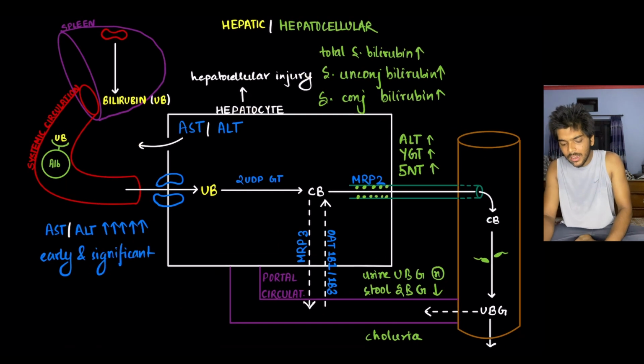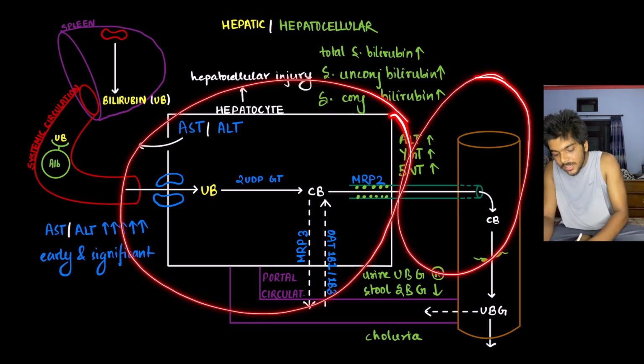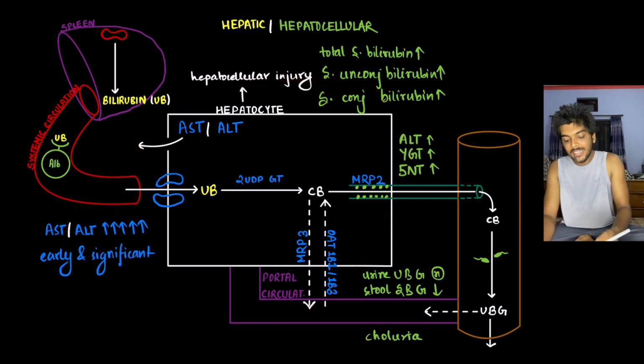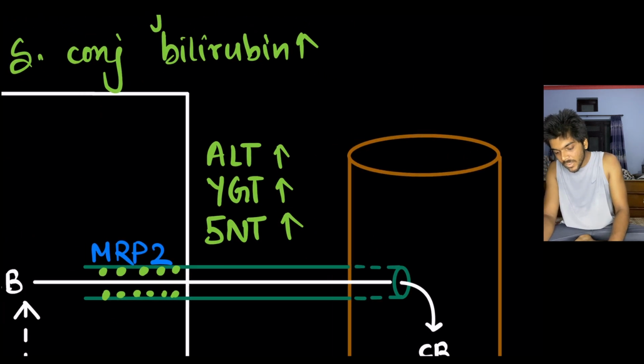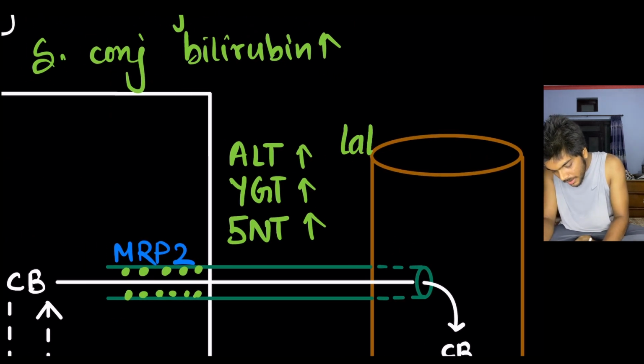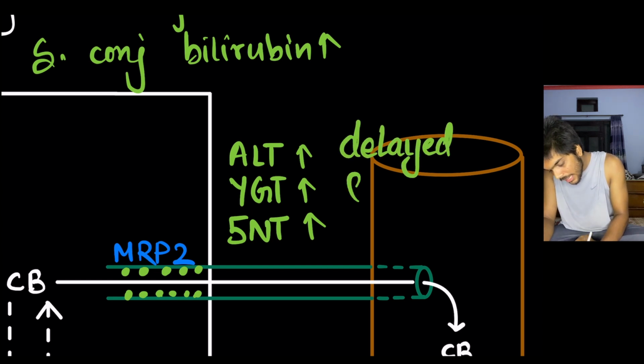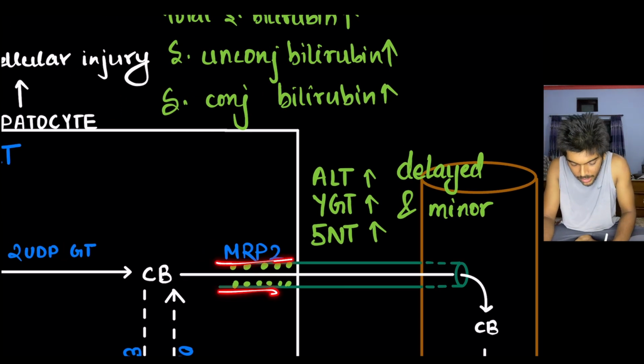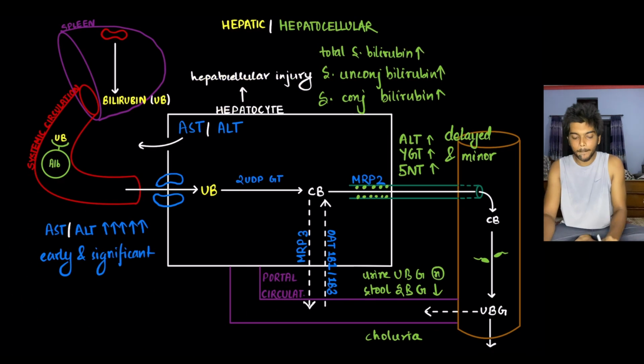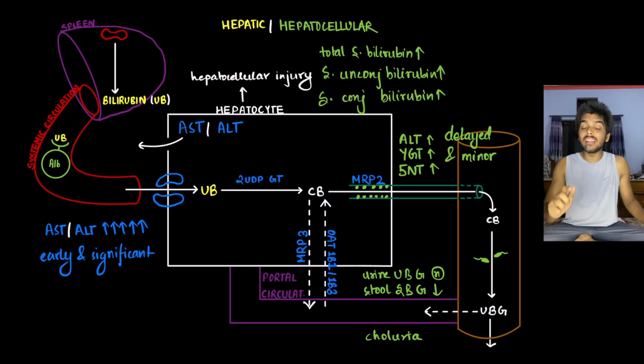But after a while, swelling of the cell also results in compression of the bile canaliculi, resulting in a late or delayed and minor rise in the biliary canalicular enzymes like ALP, gamma GT and 5-NT. So there is an early and significant rise in hepatocytic enzymes, but a late and minor rise in the biliary canalicular enzymes in case of hepatic or hepatocellular jaundice.